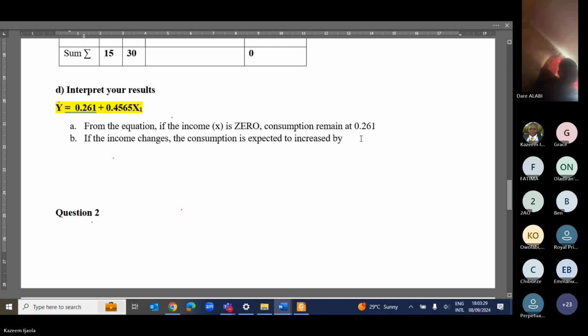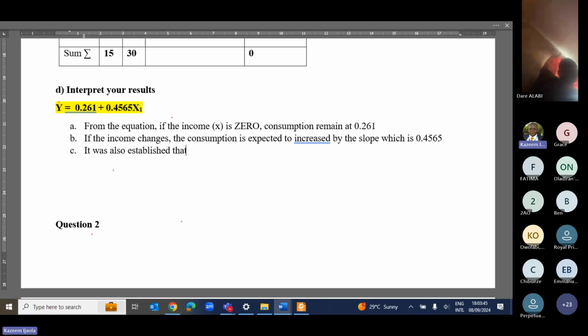By the slope, which is this, 0.2565. It was also established that the sum of error, that is u, is equal to 0.